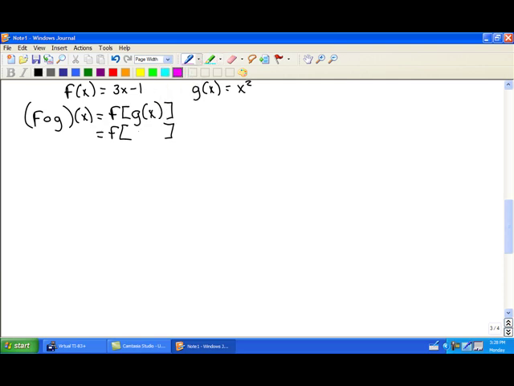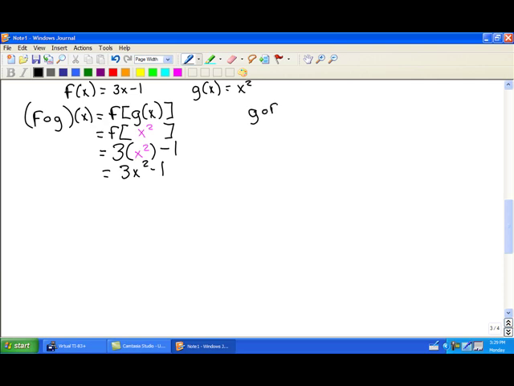Instead of g of x, we're going to write x squared, and now x squared becomes the x for the outside function of f. The outside function of f tells us to take 3 times whatever the x is and subtract 1. We'll fill in our x with the x squared and just clean up. 3 times x squared minus 1 is 3x squared minus 1.